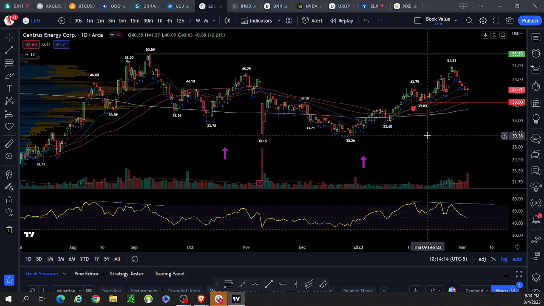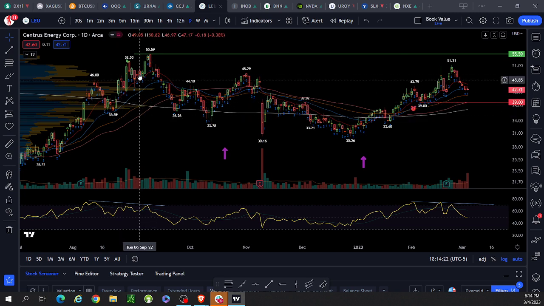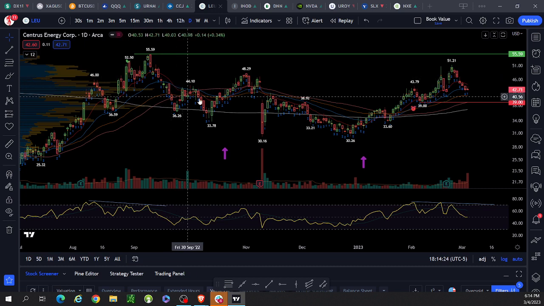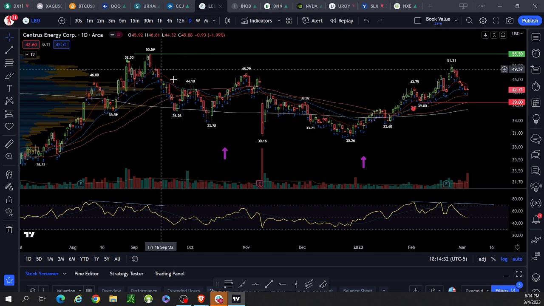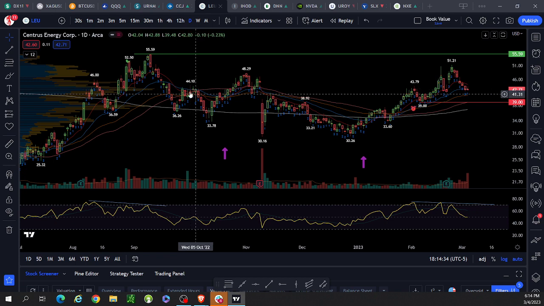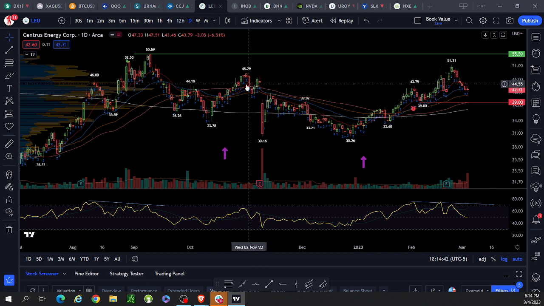Once these EMAs start to get stretched out like this, and this happens in a lot of stocks and a lot of sectors, they like to get back together again. I kind of say, get back to the stack. So you want them to get back to the stack. And when it gets back to the stack in a downtrend, it could start using this as resistance for a while. So once it gets back through the stack, it wants to use it as support.